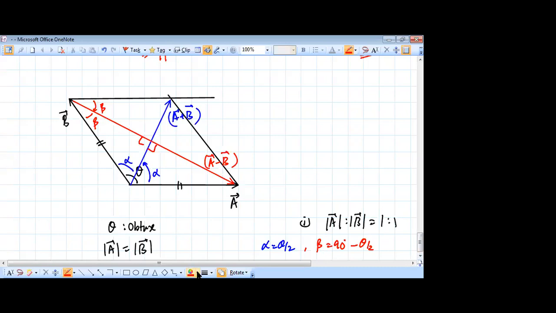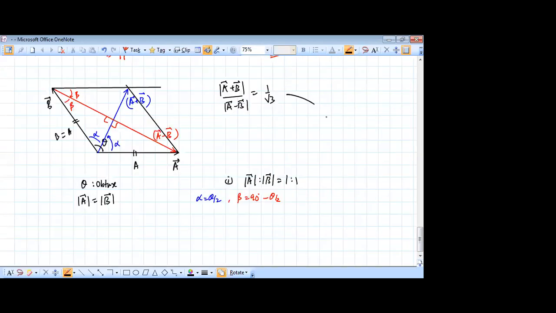We will use this property that was given to us, that mod of A plus B upon mod of A minus B is equal to 1 by root 3. This is given. So suppose this side length is A, the magnitude of the vectors A, B is equal to capital A. So now let us make use of this. So ये given information का use हम कैसे करेंगे?